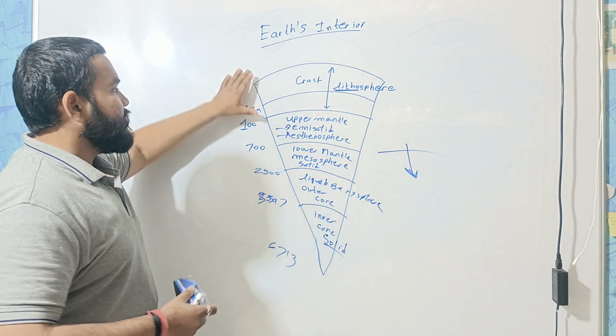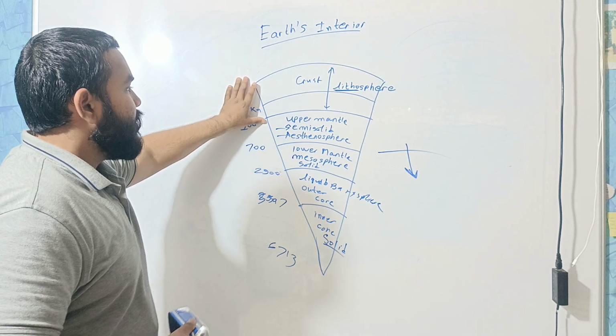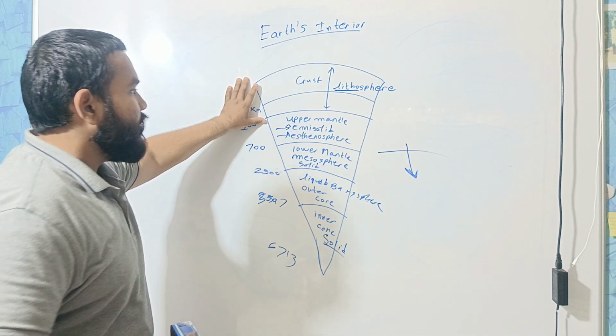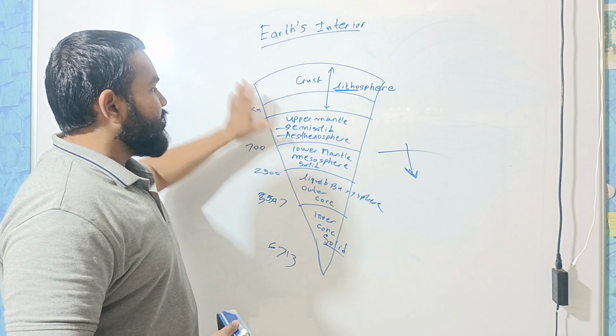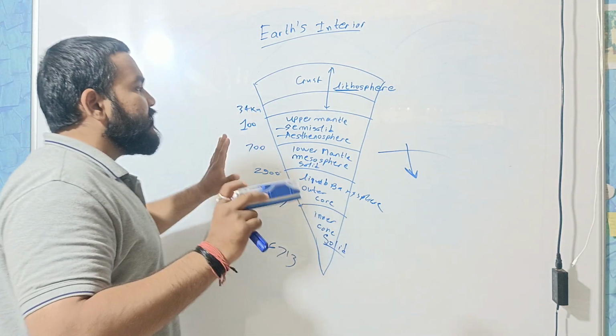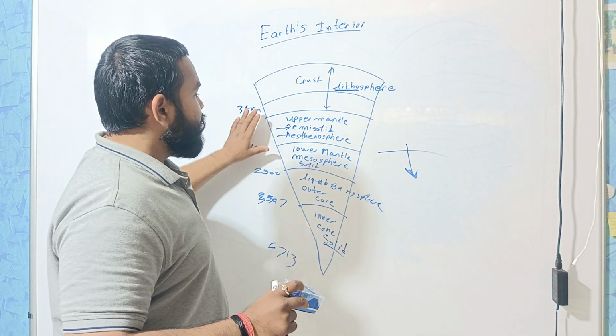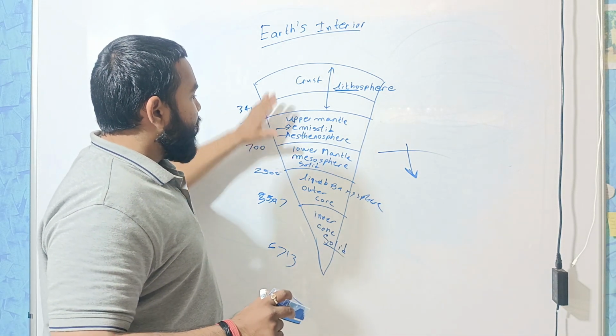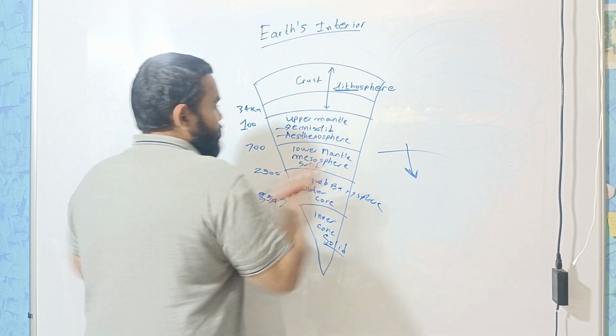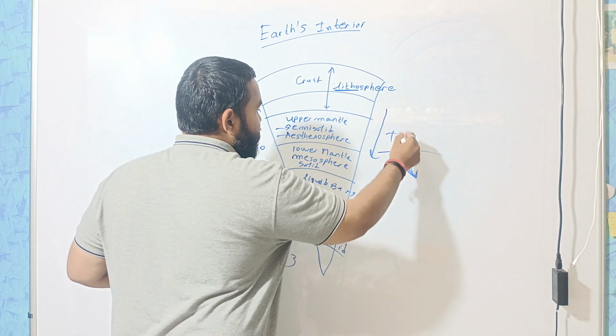Let's discuss. This is the 34 kilometer range. The atmospheric pressure and the Earth's interior pressure are somewhat balanced in such a way that this becomes a solid. But as we go down and down, temperature will increase.